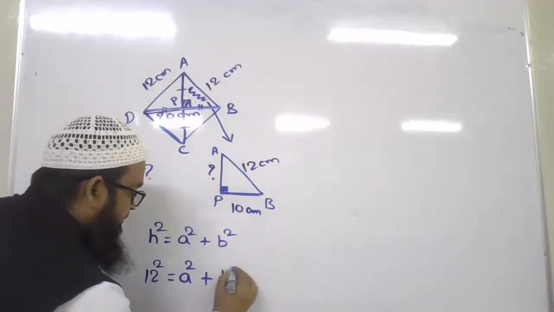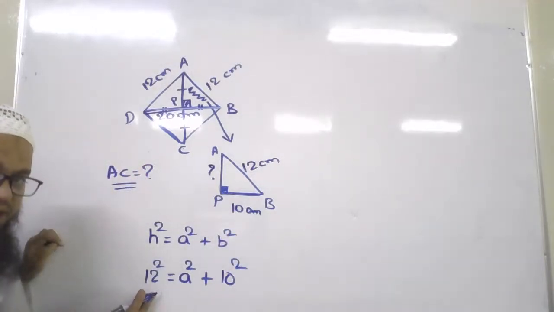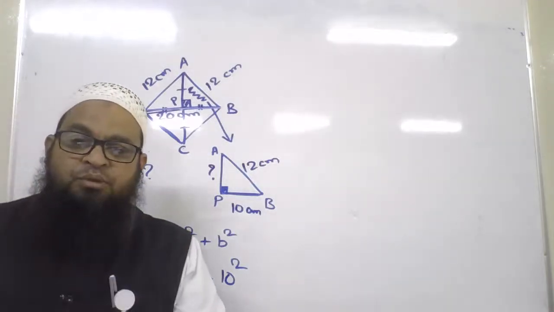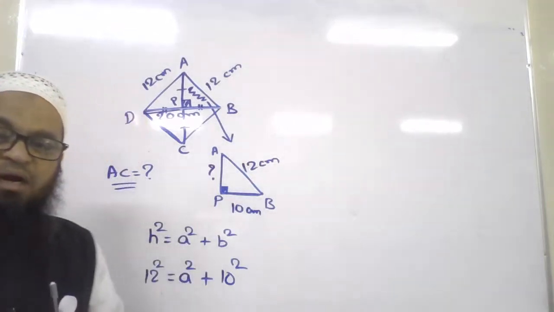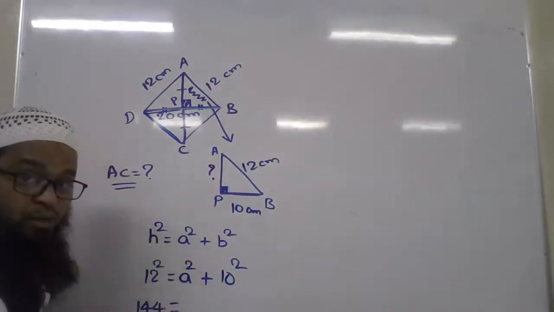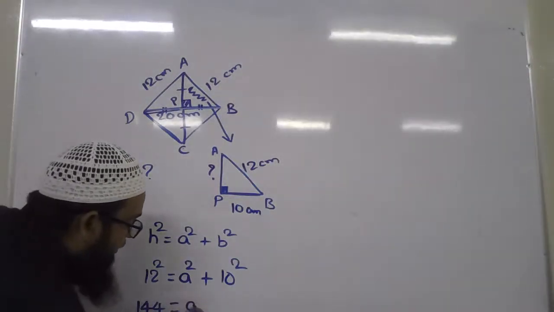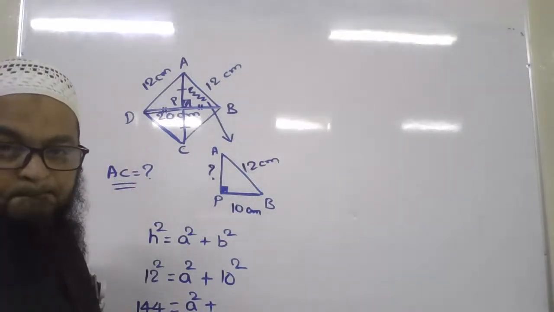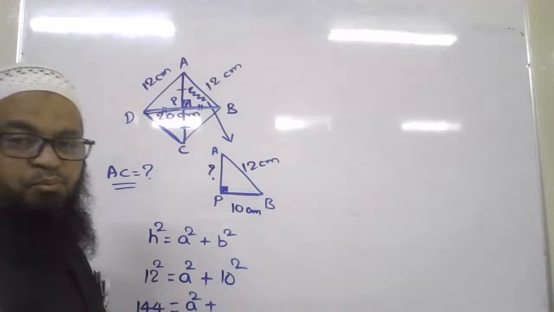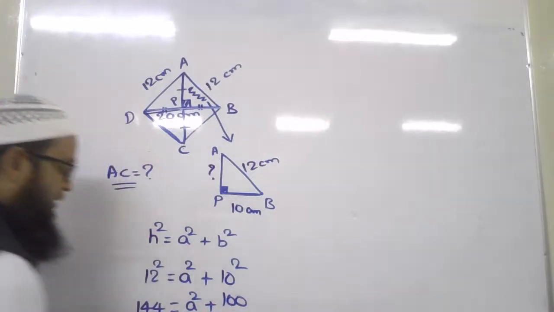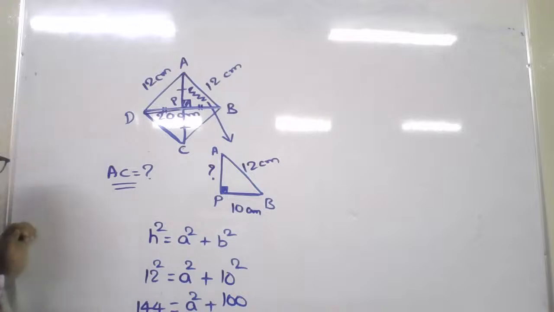What is base? 10. 10 square. What is 12 square, my dear students? 144. So 144 equals altitude square plus 10 square, which is 100. Now you have to find a square.